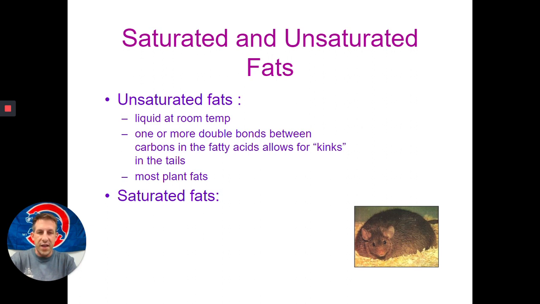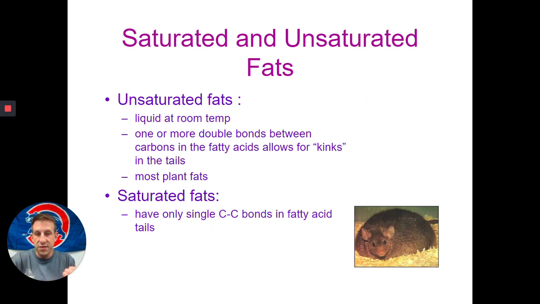Saturated fats are a little bit different. They have only single carbon-to-carbon bonds in the fatty acid tails. So the big difference is in structure, and it is this structure that creates the healthy versus unhealthy nature of saturated versus unsaturated fatty acids.